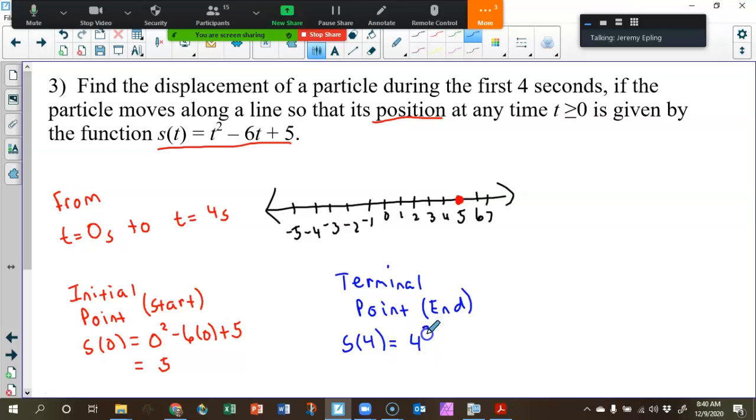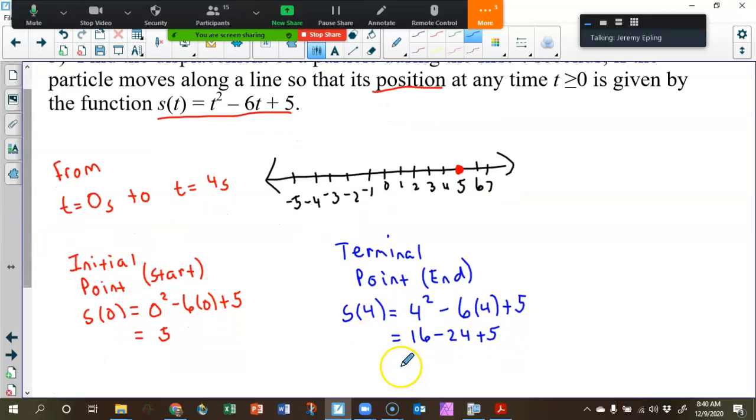So we need our position when t is equal to 4. And we get 16 minus 24, or negative 8, plus 5, which is going to be negative 3. So I started at 5, I ended at negative 3.